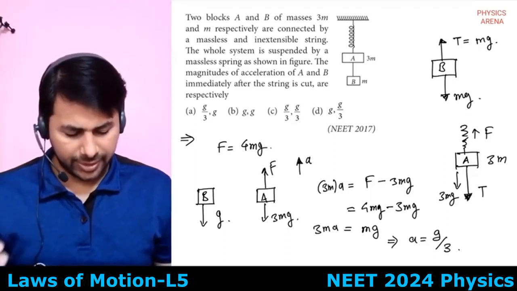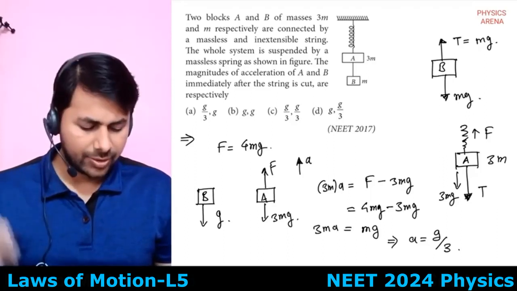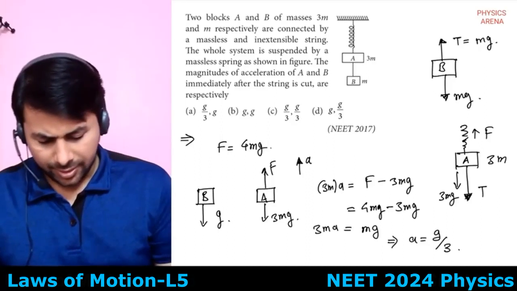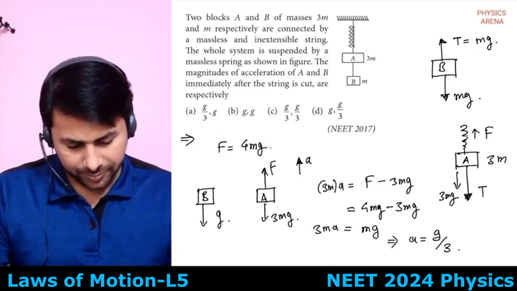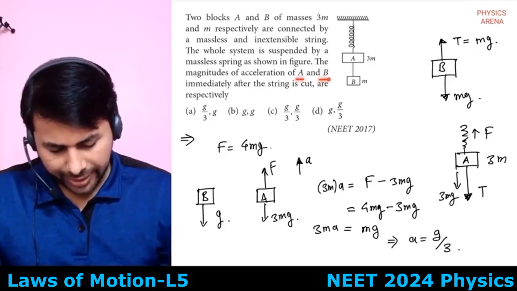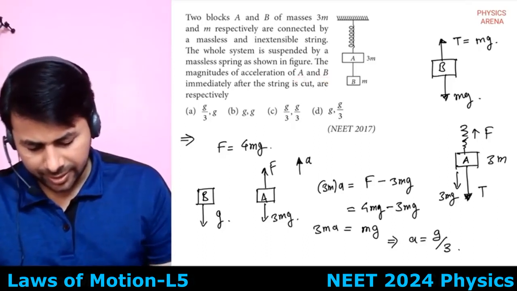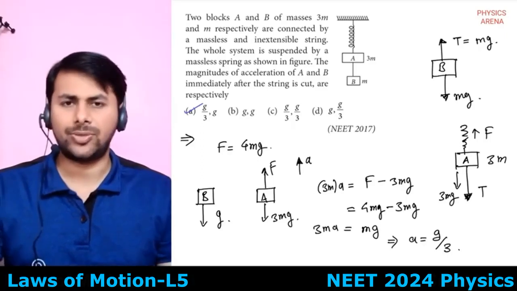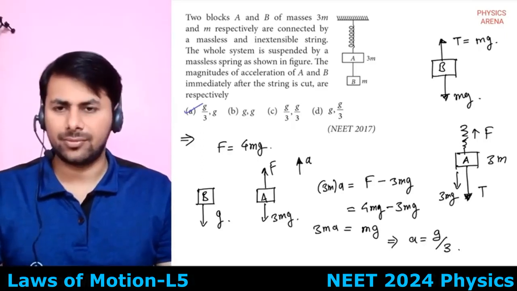Its acceleration will be upwards and it is equal to g by 3. Clear? So they are asking about A and B. So it will be g by 3 and g. Option A.